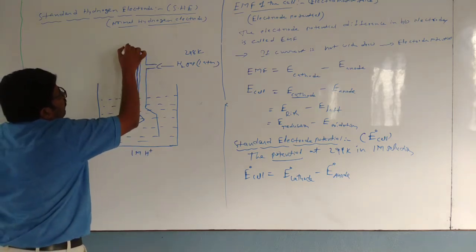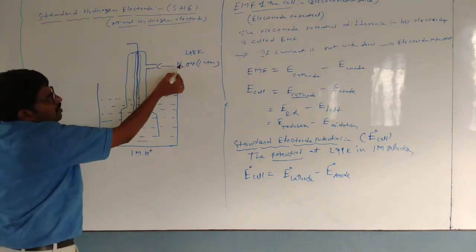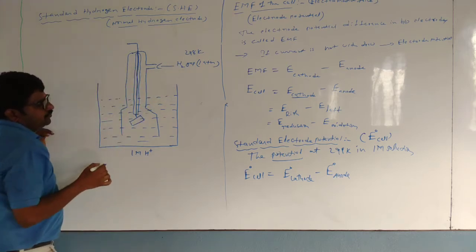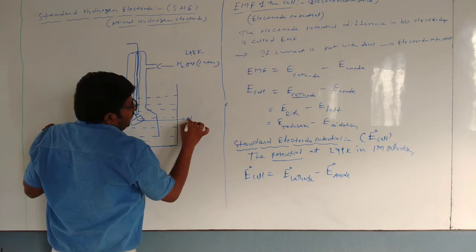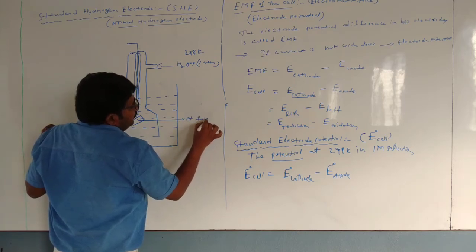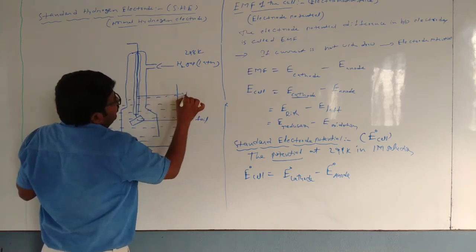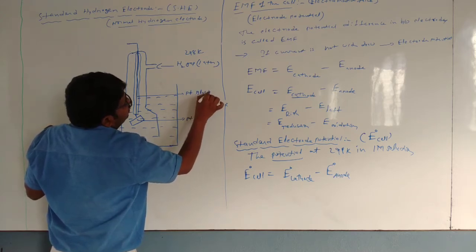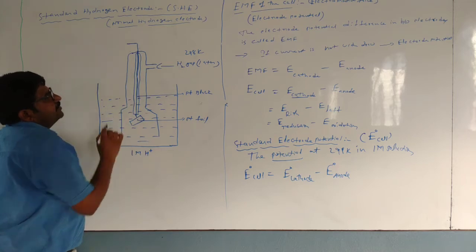Now see what happens. This hydrogen gas is absorbed by platinum black. This is the platinum foil, this is the platinum black, this is hydrogen gas.